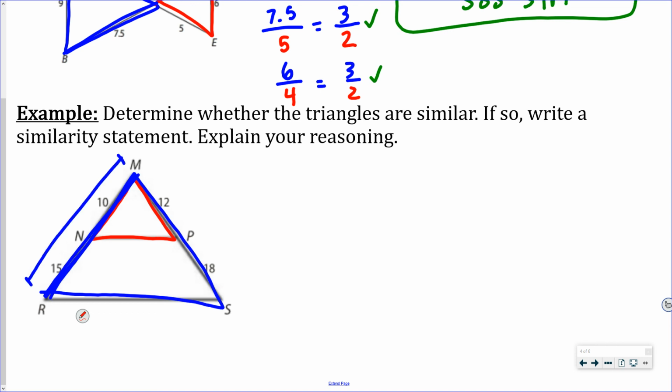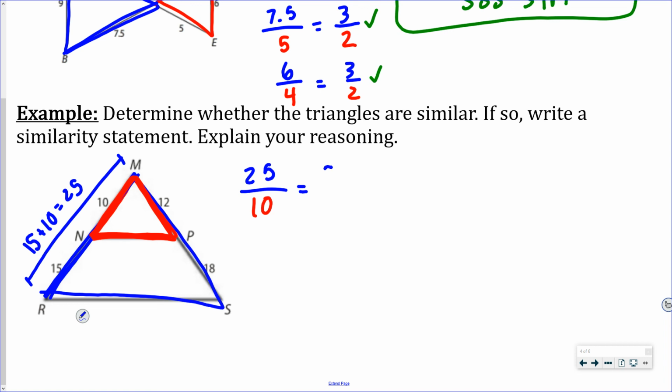So in my blue triangle, how long is that side? 25, right? 15 plus 10. Good. So 25 corresponds to which side in the red triangle? You can shout it out. 10. Good. Thank you.